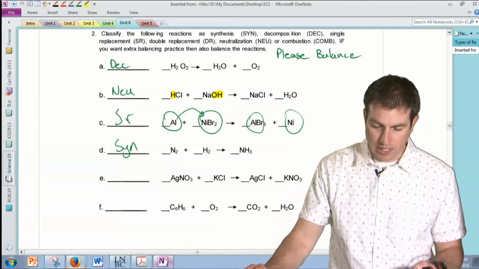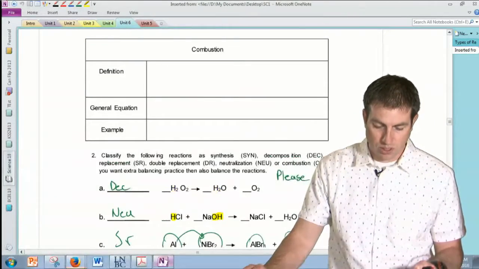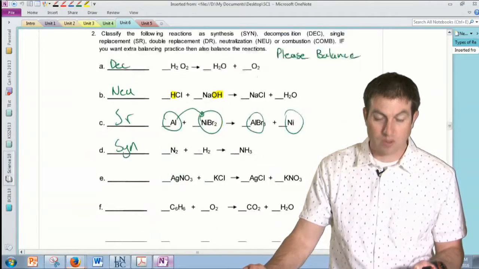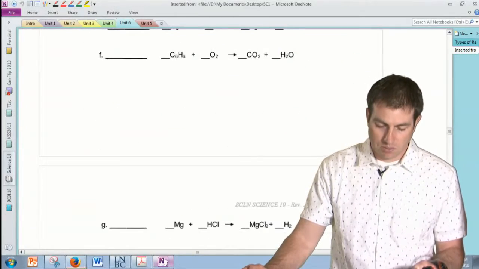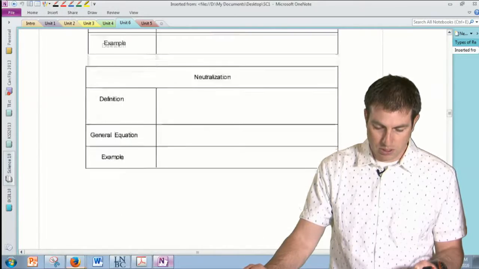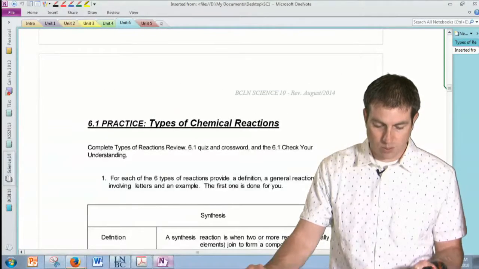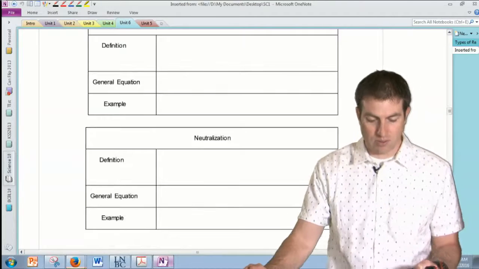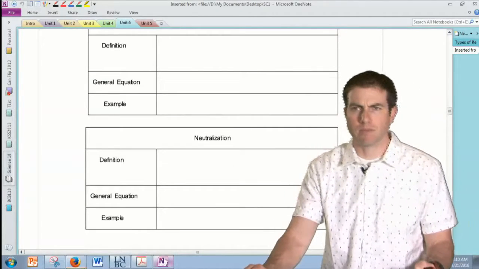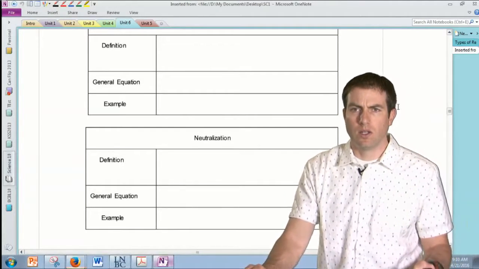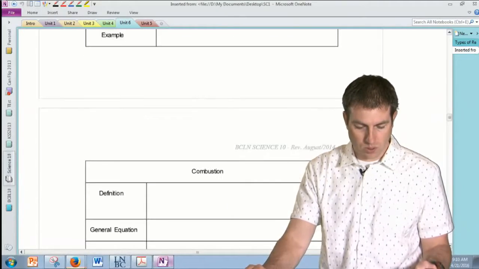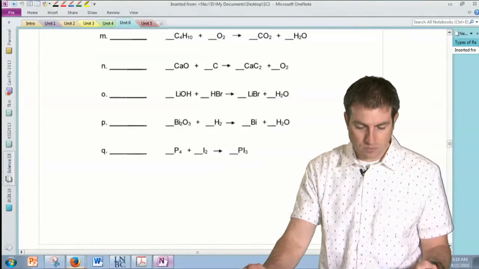So when I left you guys yesterday, I asked you to go through some of the types and balancing. This is my page. Apparently we don't have page numbers anymore on these things. 6.1 practice, after all of the summary. Very last one, balancing.